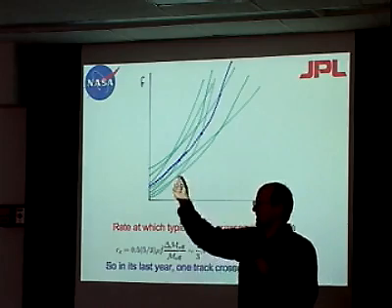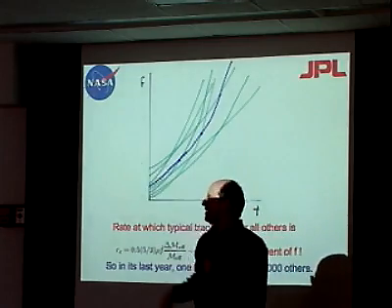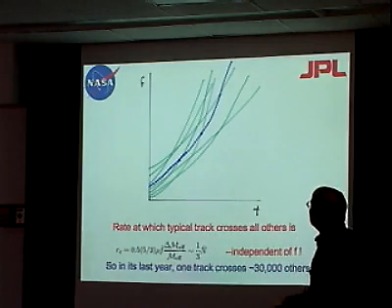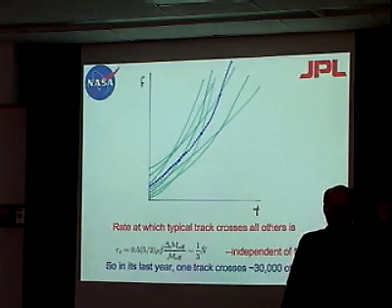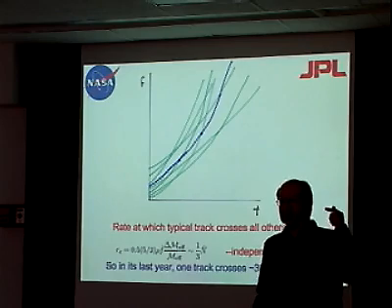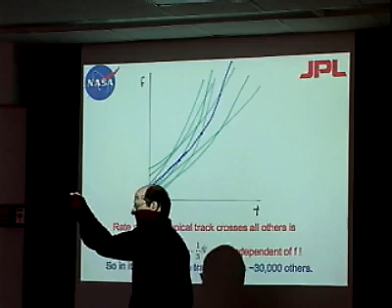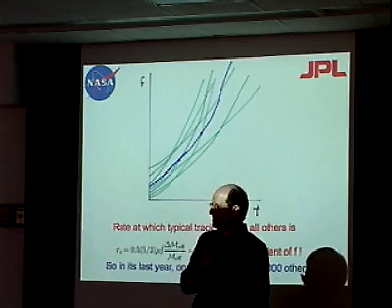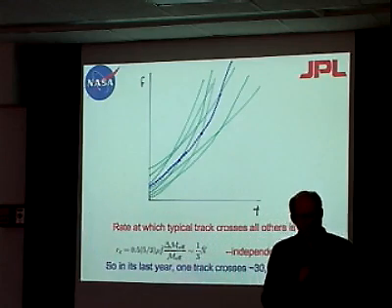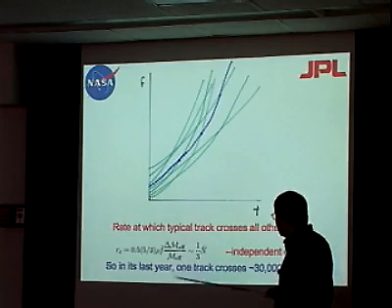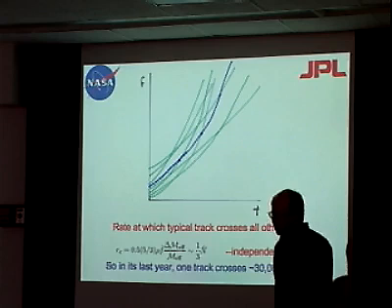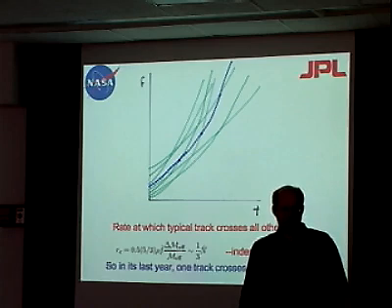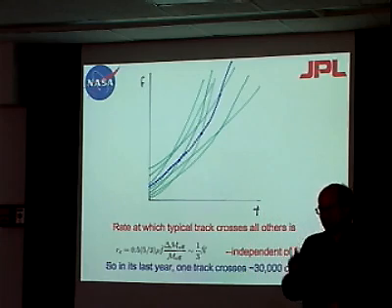For a few hours, you get a contribution. You can take one binary and ask, as it's moving along through frequency space and time, how often does it cross another track? It's actually a rather cute answer. The answer ends up being about 1/3 the total merger rate in the universe, at all times. So it's also proved in the paper.